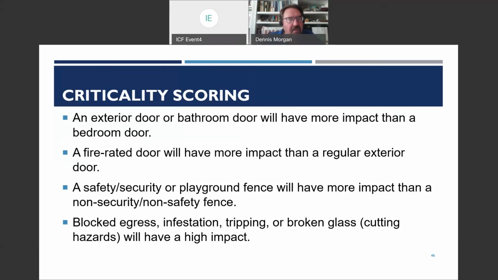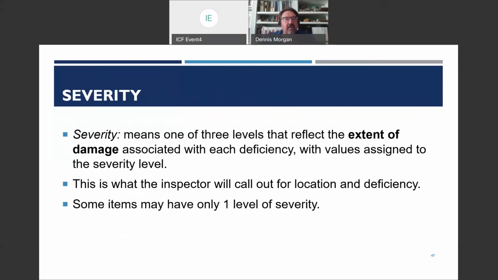All health and safeties will generally rise to the level of level 3s, and LTs generally will also rise to the level of criticalities of 5. So they're going to be looking at big points associated with it as well.